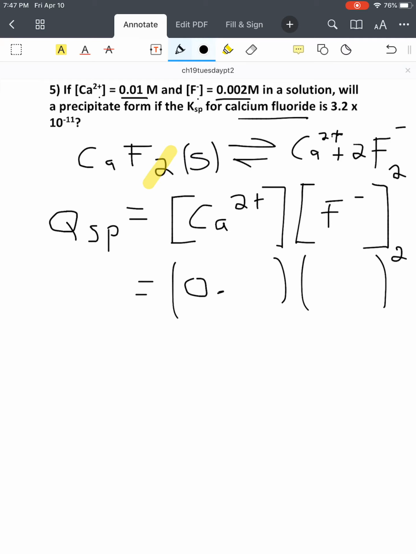So to help us do that, we need to remember how to compute our Q term, our reaction quotient. And you may remember from chapter 17 that the QSP is like the equilibrium constant, except that the concentrations are non-equilibrium concentrations.